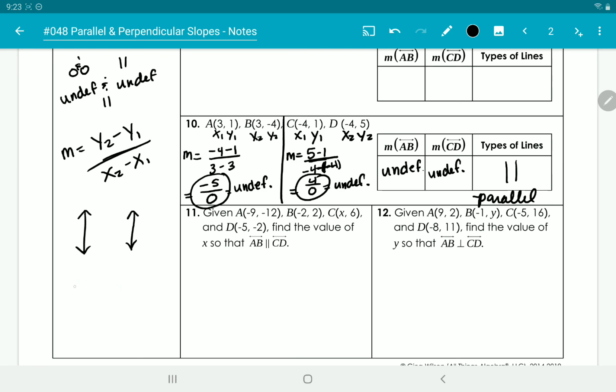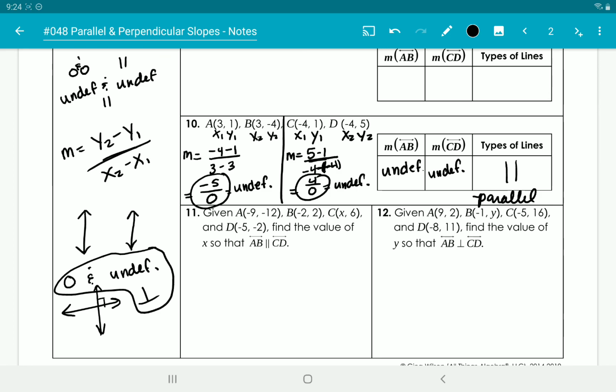But if we have a slope of 0 and a slope of undefined, a slope of 0 means that it is from left to right, and then if it's undefined, it is straight up and down. Since we have straight left to right and straight up and down, these are going to be perpendicular. So if you have a line with a slope of 0 and a line with a slope of undefined, then they're going to be perpendicular to one another. If you have two lines of undefined slope, they're going to be parallel.